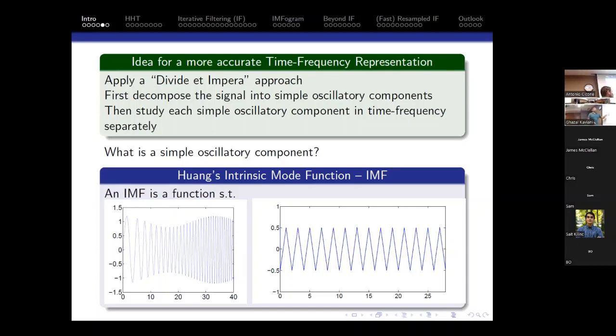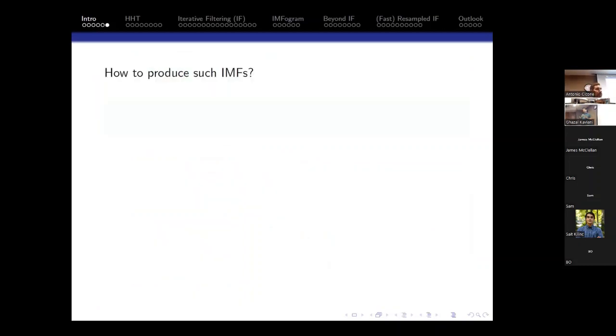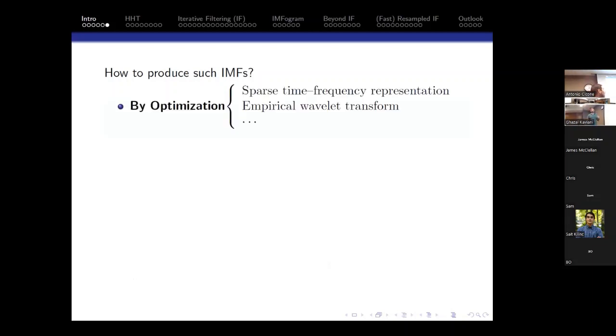Now, the next question is, this is great, this is cool, but how do we produce this decomposition? And over the last 20 years, researchers have produced many techniques. And we can summarize them into two groups. Techniques based on optimization, where you basically predefine a basis and you use that basis to represent your signal in a sparse way, okay?